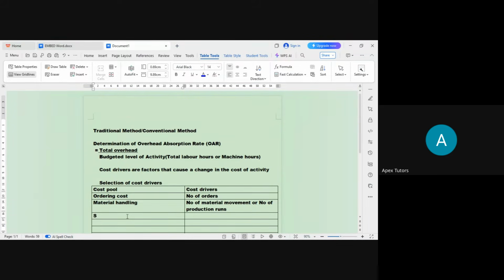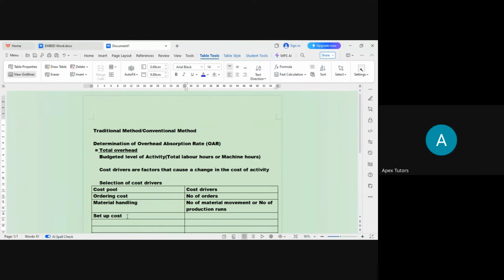Also, another common one is setup cost. The cost driver is how many times you have to set up. You have to set up in various places. You have marketing schedules in place, you have jingles, you have marketing activities.